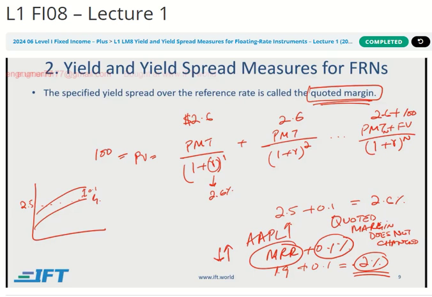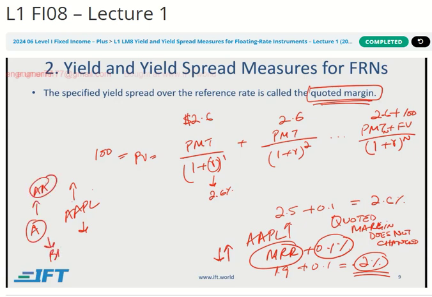But what can get tricky, and this is where I need you to pay attention, is what if Apple as a company became better or became worse. So let's say it was an A-rated company, it became better, it became AA rated, or it became worse, it became triple B. Then this quoted margin, which was the spread being offered on top of the benchmark, might not be enough, right?